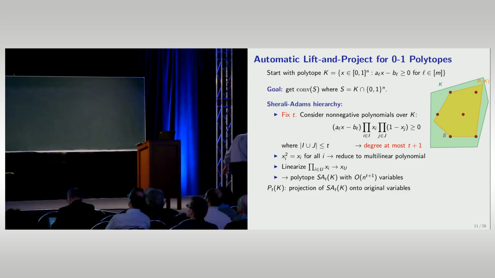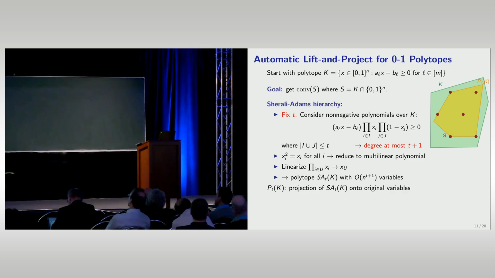And the way it's done is that you look at polynomials which are obviously non-negative on the set K, the polytope you started from, and you know that you're interested in the integer points. So I'm assuming that your set S is a subset of {0,1}^n, it has only 0, 1 coordinates.